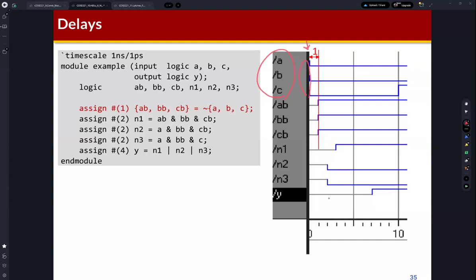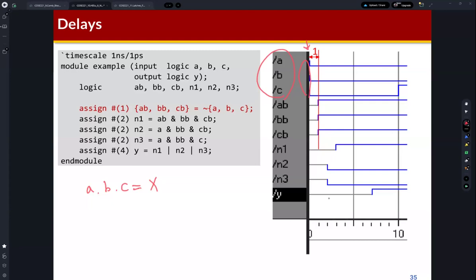So in simulation, in a SystemVerilog simulation, the initial value of A, B, C is actually don't care. Okay, don't care. So this is the initial value.